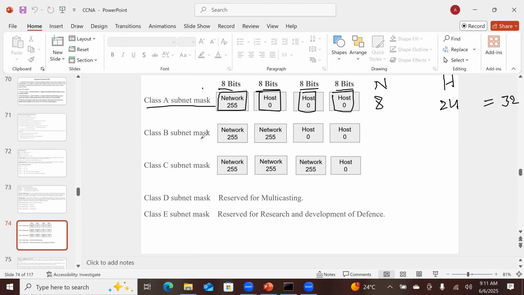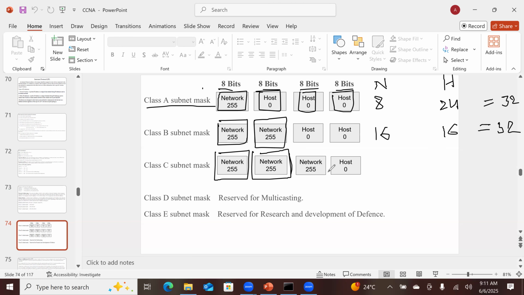When it comes to class B, the first two octets belong to network, and the remaining two belong to the host. That means we have 16 and 16, which is again 32 bits. And in class C, the first three belong to network, which we don't vary.